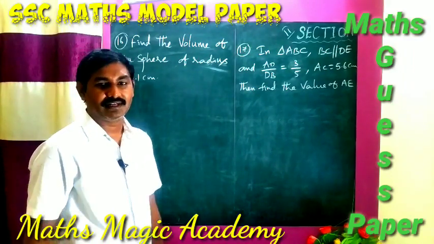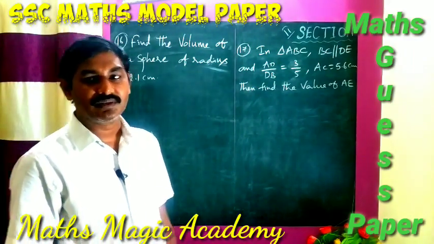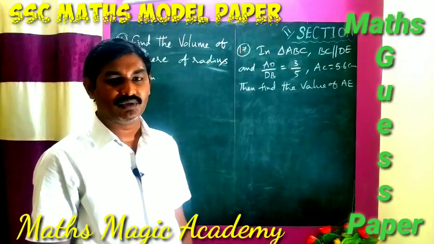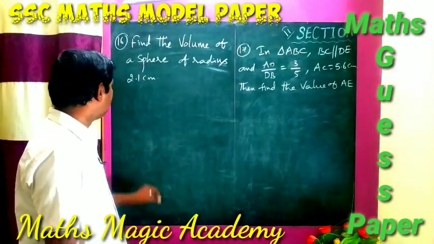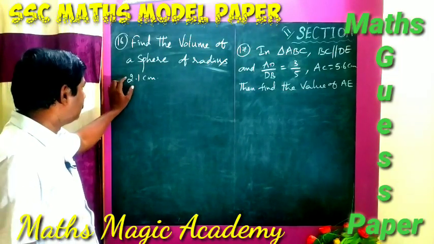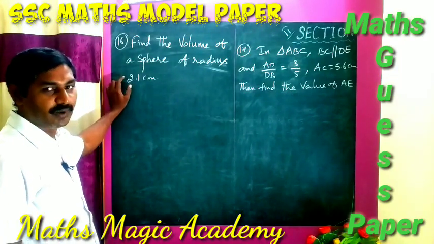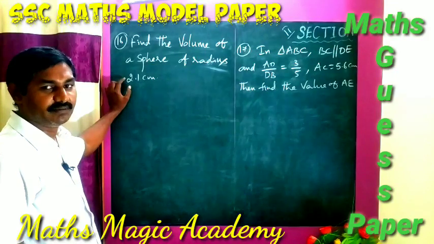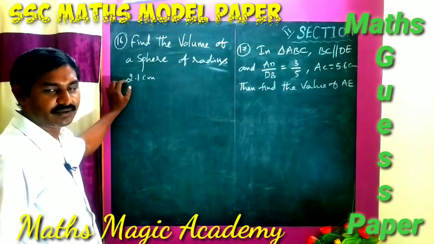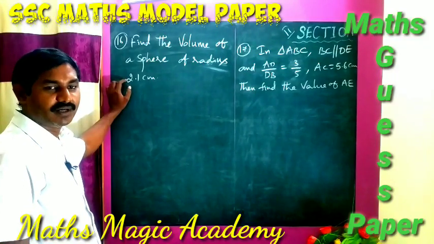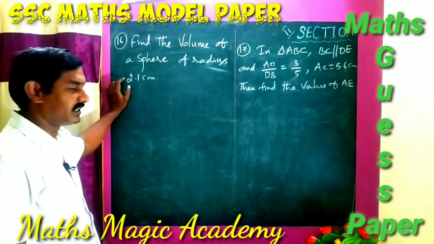Like that, in the examples on pages 247 to 250, all the questions are very important. In all of them they give the radius as 2.1 or 3.5 or 7 centimeters. They are all multiples of 7 once you eliminate the decimal point. Like that they are giving.